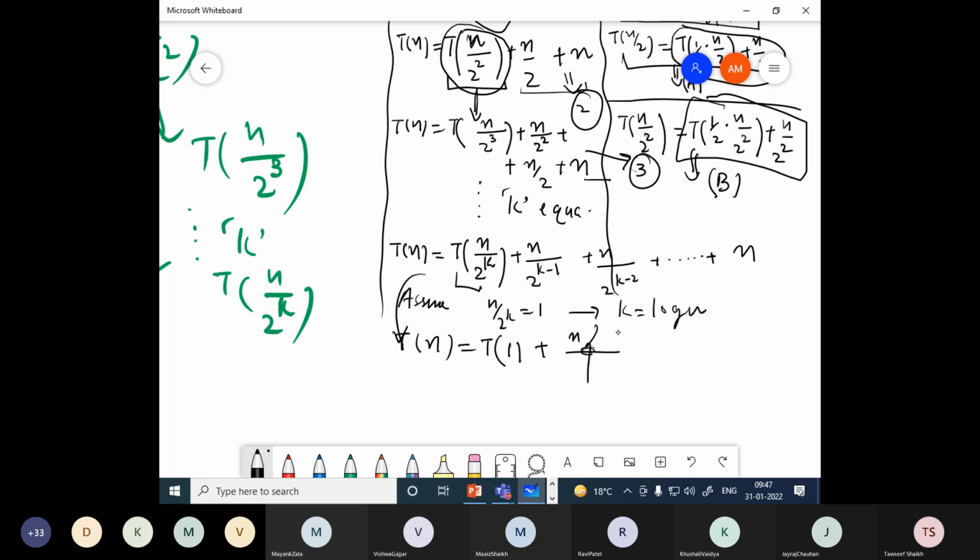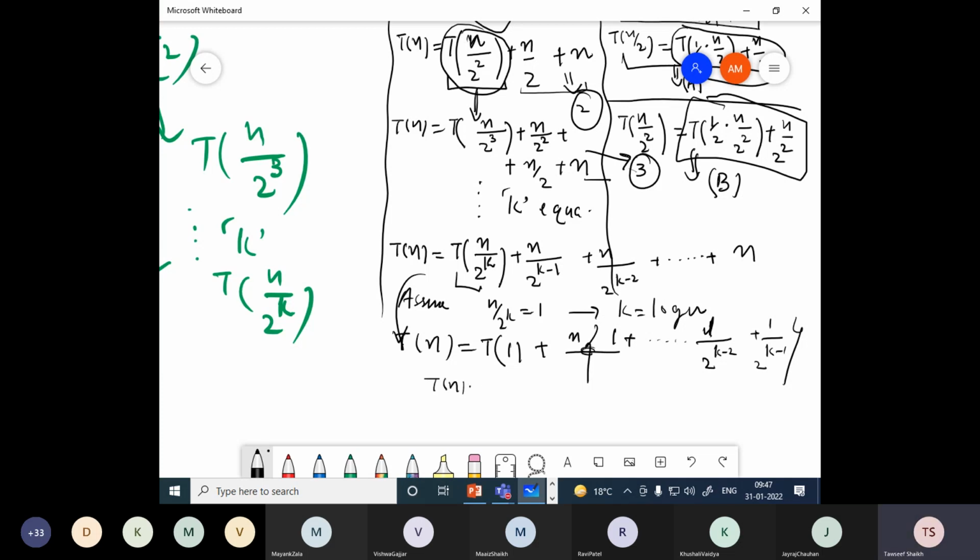We will write it in the reverse order. N will be initially here, when we took it common, it will be 1 in this place. Similarly, it will go up, it will be 1 divided by 2 to the power of k minus 2, plus 1 divided by 2 to the power of k minus 1, in the reverse order. Writing from here to here, n is common.